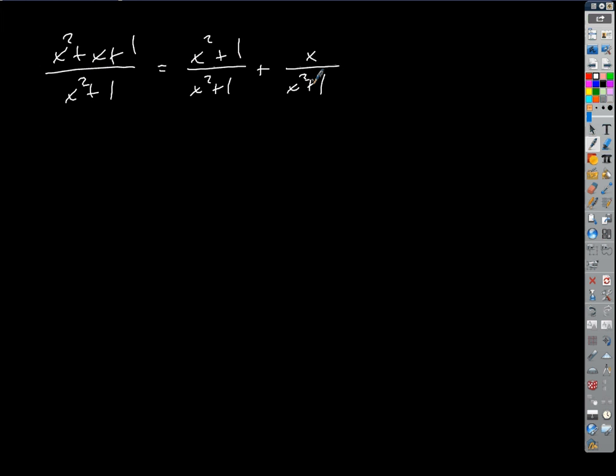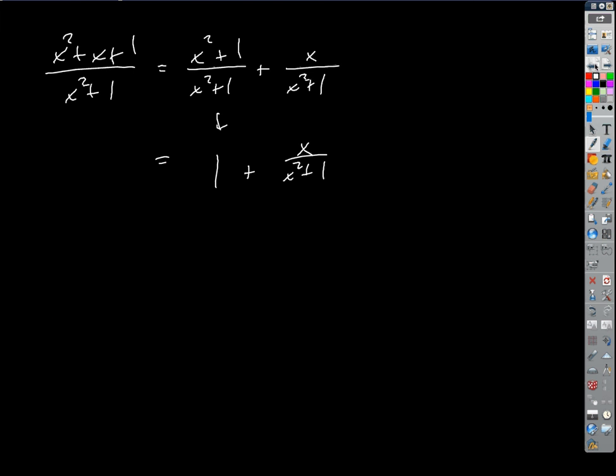When you add common denominators, you just add the numerators. Does that make sense? So you can see right away that this is 1 plus x over x squared plus 1. It worked out great this time. You could take a shortcut. It won't always work that way, but this time it did.